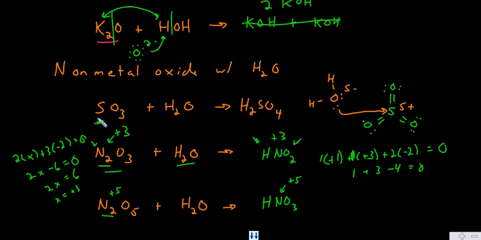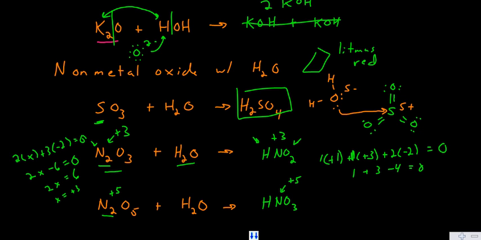So what would litmus paper look like if you were to dip that litmus paper in water with these compounds in them? Well, if you put these nonmetal oxides into water, you would be forming acids. And so the litmus paper, if you were to dip it in that solution, that acidic solution, that litmus paper would turn red, or at least remain red.